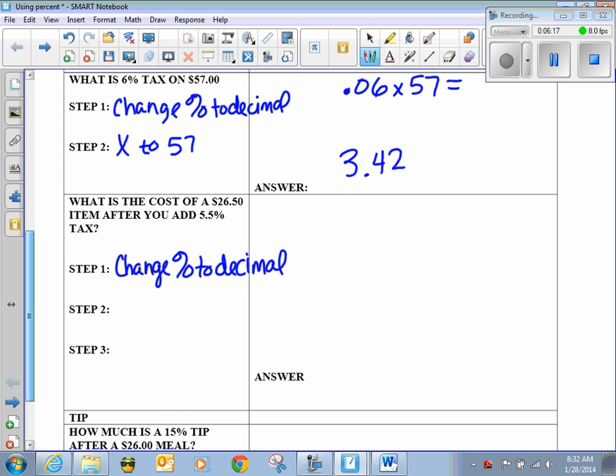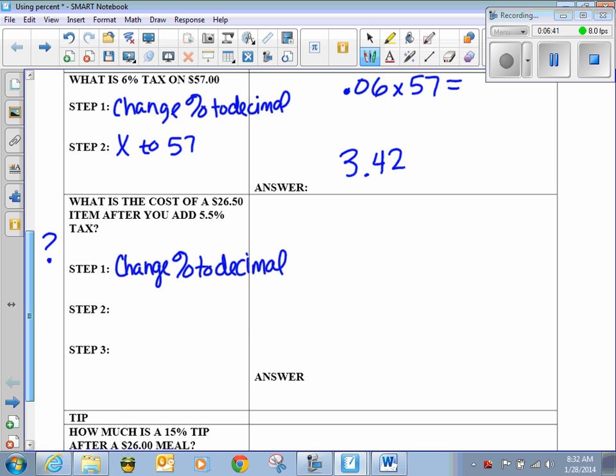If you're having a hard time changing a percent to a decimal, put a little question mark right here. That way we can work on that a little bit better in class, okay?